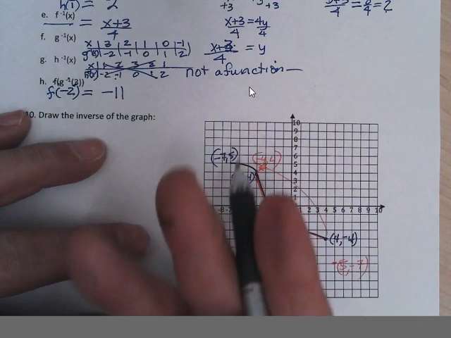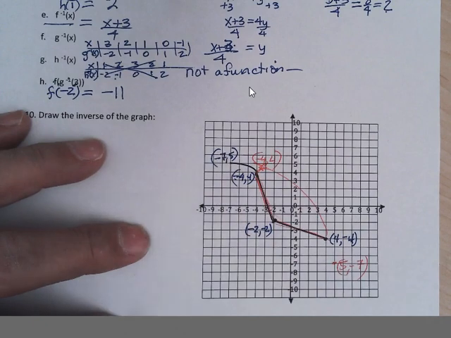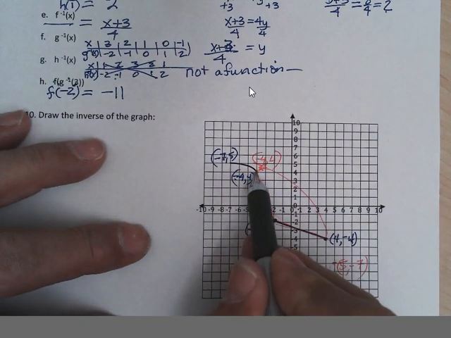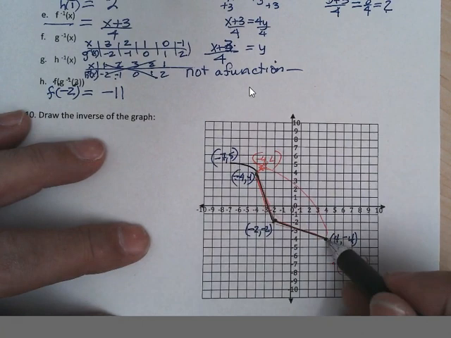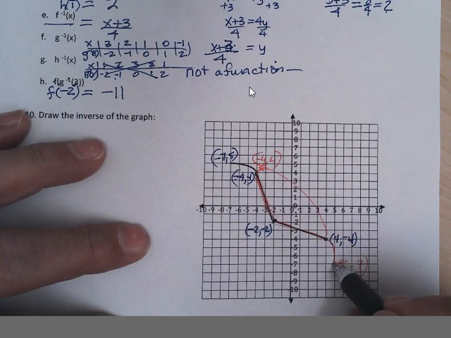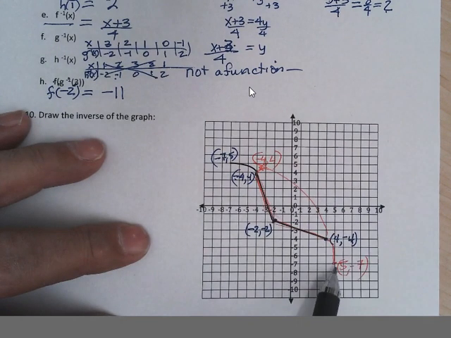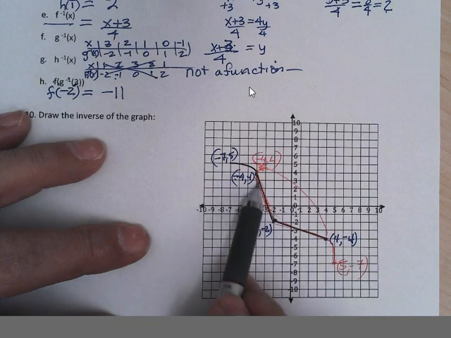Notice I'm swapping the coordinates. And to make it come off of this, bend right away and then go straight, I'm going to have to bend right away and go straight. So it goes here and here.